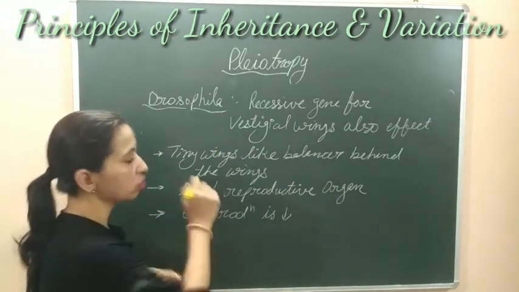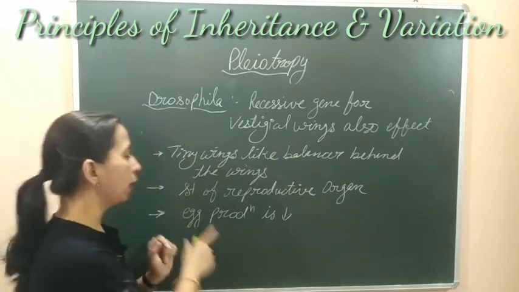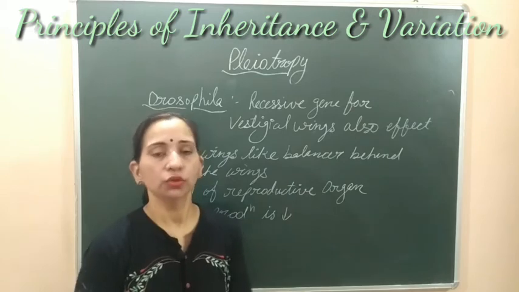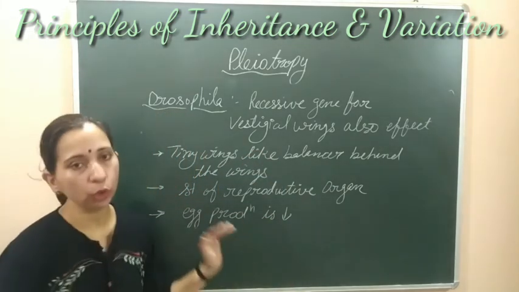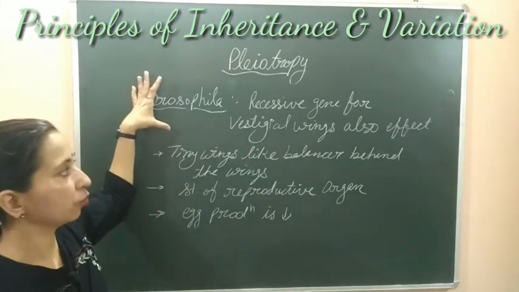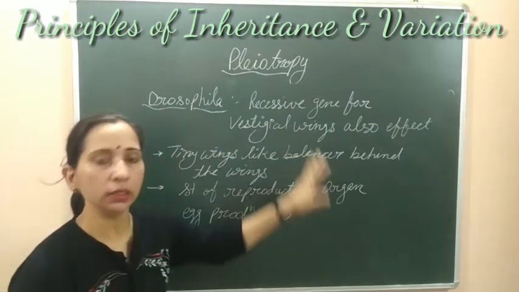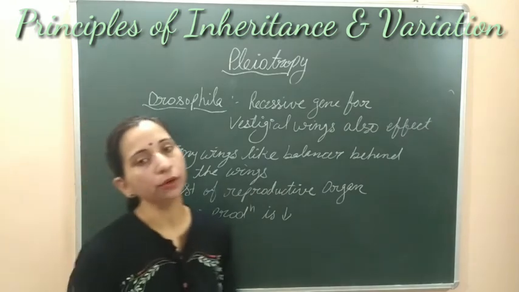It also affects the structure of reproductive organs, and it also affects egg production. Egg production gets reduced. So these are some other examples of pleiotropy shown in Drosophila, where a single gene is controlling many effects or many characters. That is pleiotropy in Drosophila.